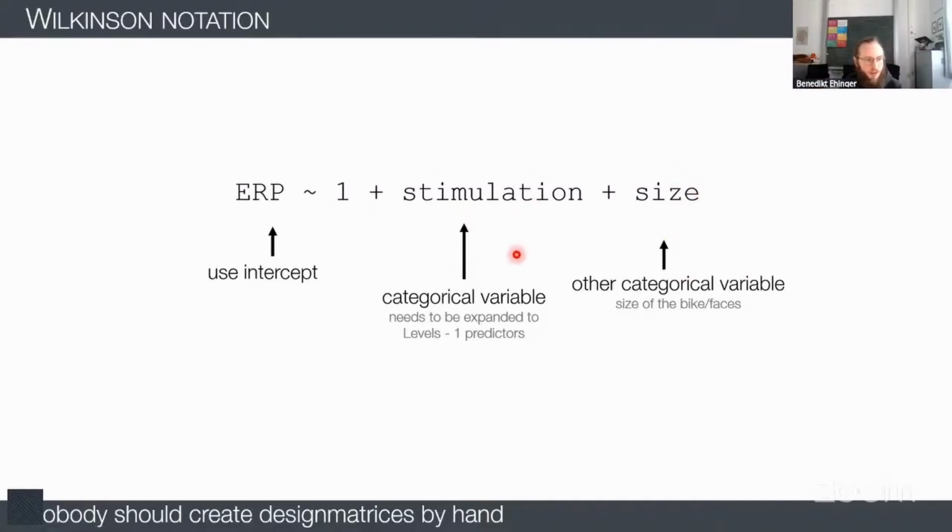And so now the Wilkinson formula looks at this formula, what you want to model, and it looks at the events table, what type of variable is there, and then it directly takes this information and generates the design matrix for you. So there's nothing more you need to specify than providing the events table you have and this kind of formula. And if you later want a different model that doesn't take size into account, or maybe even takes the interaction between these two things into account, then you can simply modify this formula, and that's quite nice, I think.